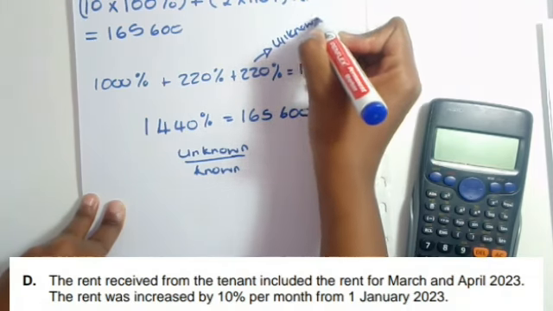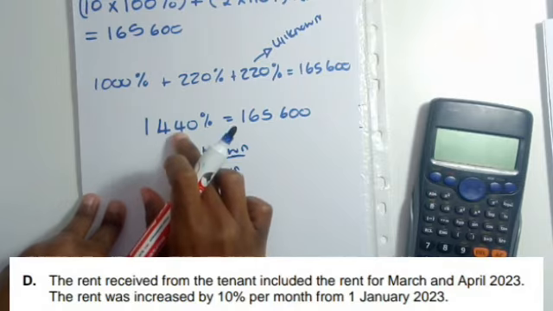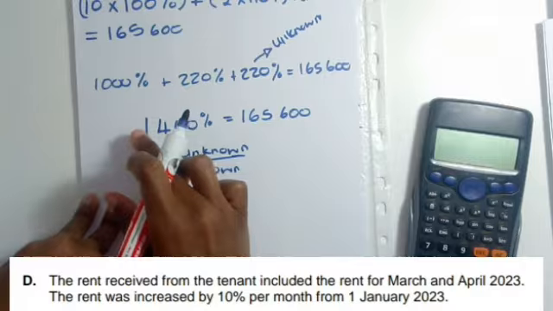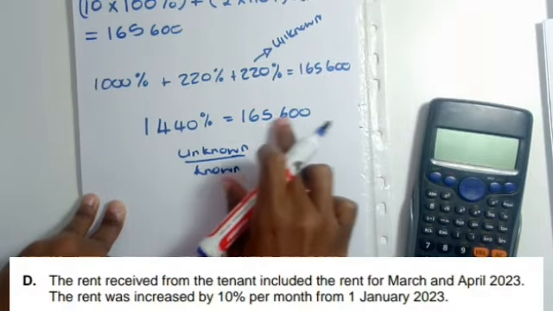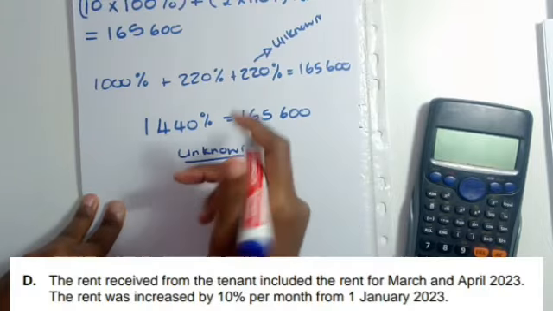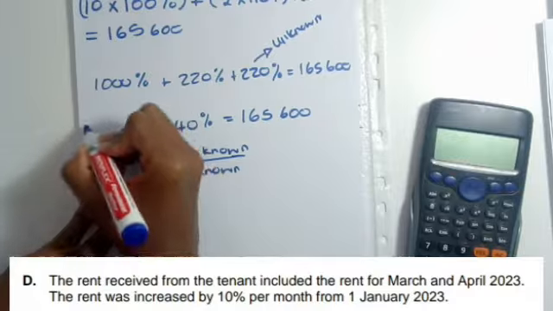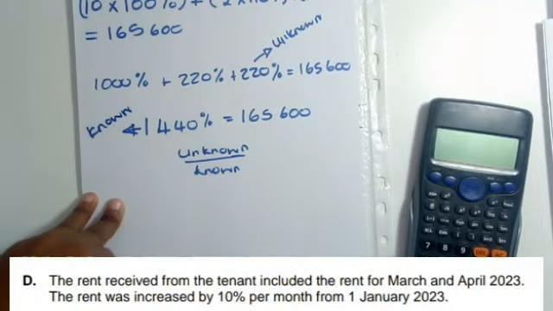So you're going to call it the unknown. And then our known becomes this. Why do I say it's known? I know that 1440% is represented by 165,600. So that means that this I do know. So this becomes my known.